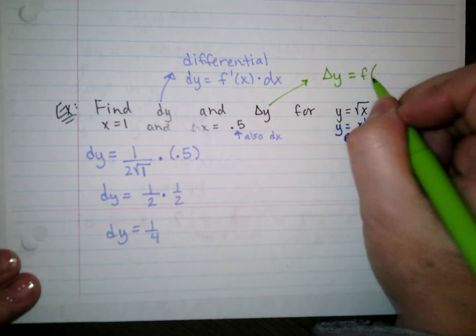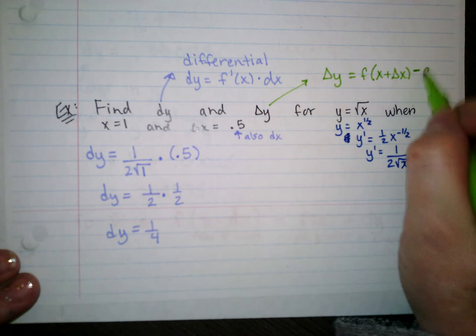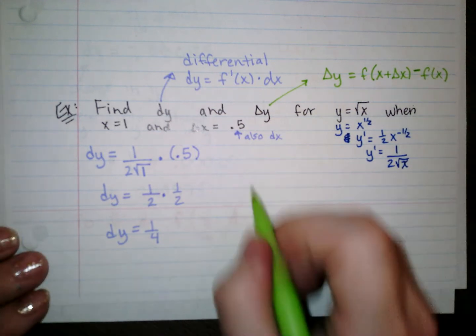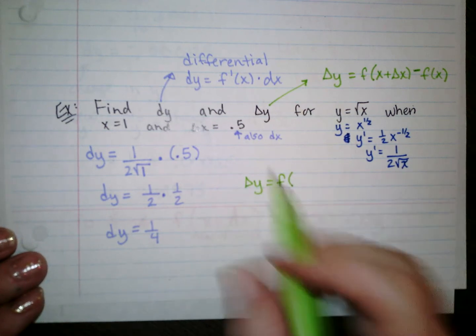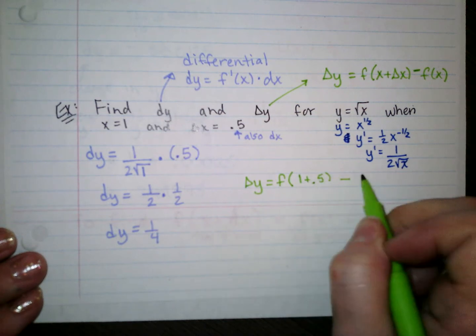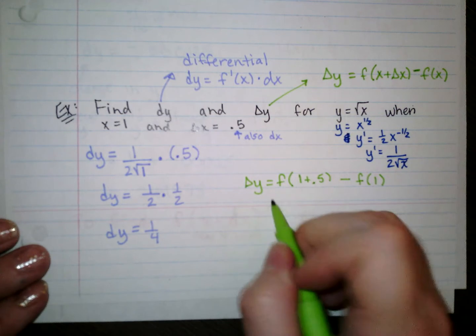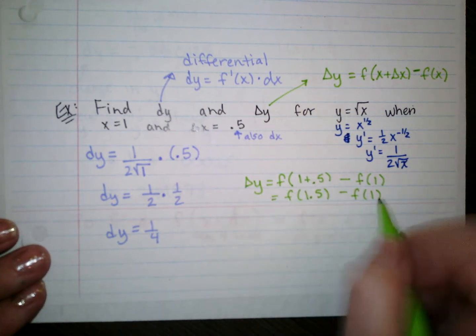So we're evaluating the function at x plus delta x and subtracting the function at x. So to find delta y would be f of x plus delta x, so 1 plus 0.5, minus f of x, which was 1. So f of 1.5 minus f of 1.